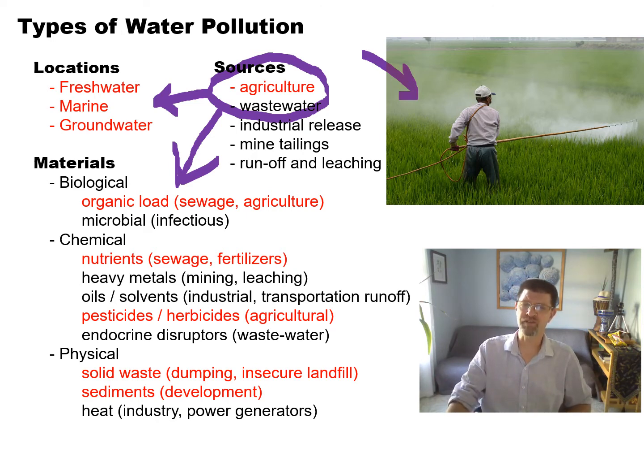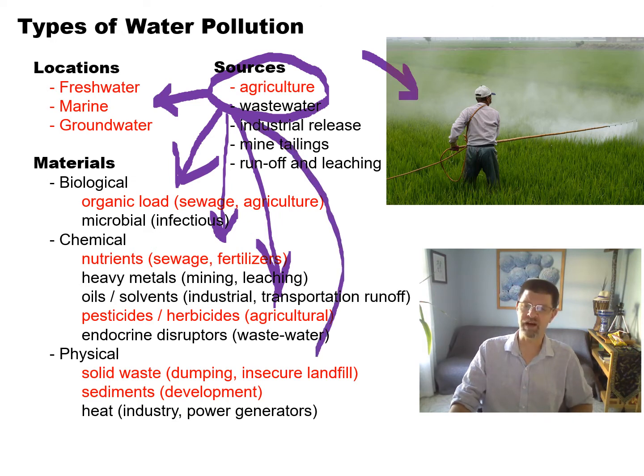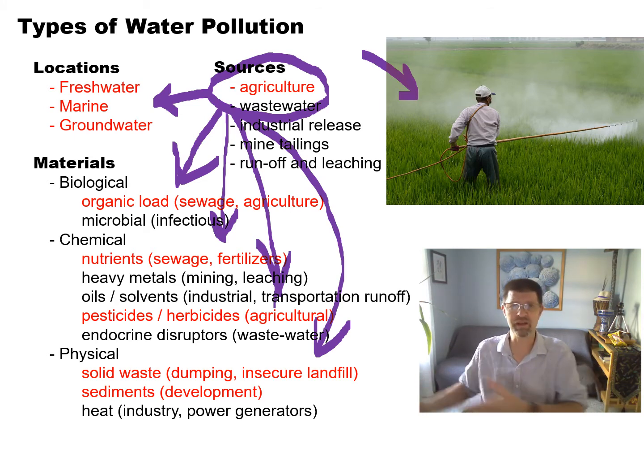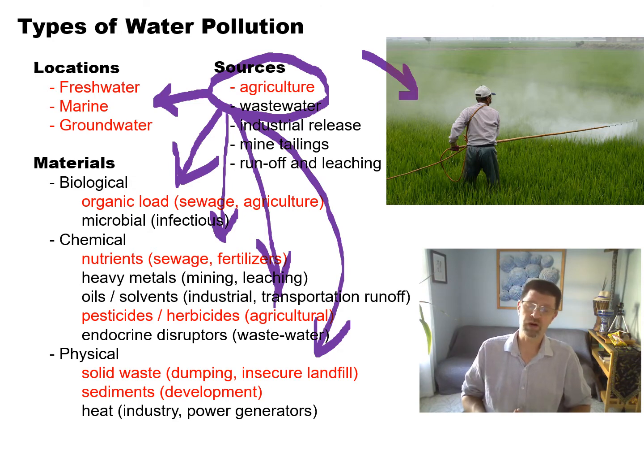We also have from agricultural sources fertilizers that end up in the water. We have pesticides and herbicides, and those are dangerous chemicals. And then finally, we have sediment and possibly some, when they till up the plant material, a lot of that plant material ends up in the watershed, and so it has an impact on all these different types of materials.